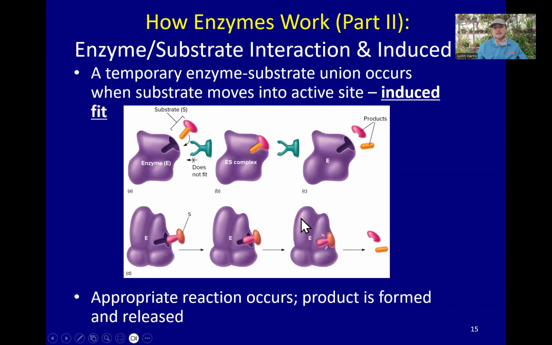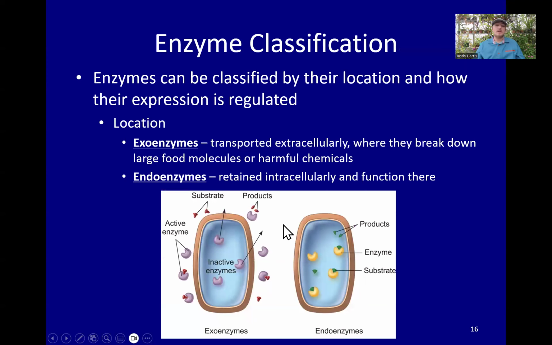Something we'll also talk about later is how this intrinsic movement allows for regulation of this active site, and allows for chemical reactions to not take place by interacting with a different region. And so I mentioned earlier that you can have functional enzymes and inactive enzymes. Sometimes this can be very deliberate, where enzymes can be used either outside of the cell, called exoenzymes, or inside the cell, called endoenzymes.